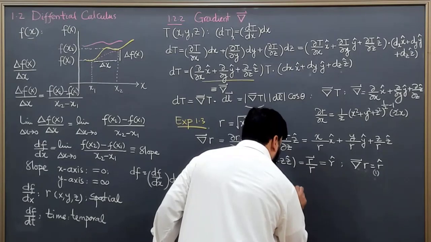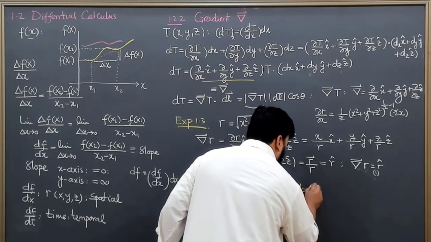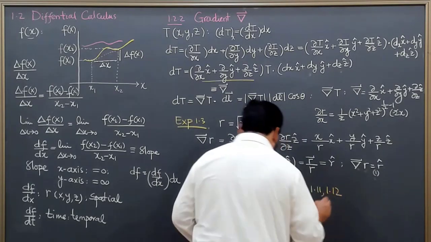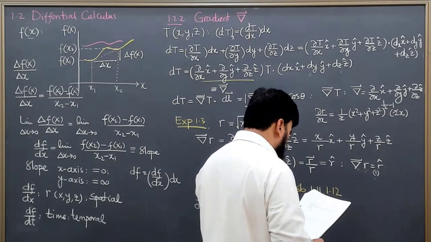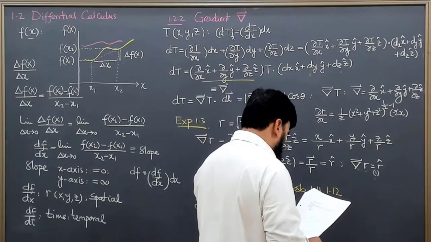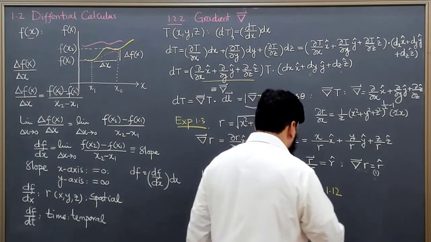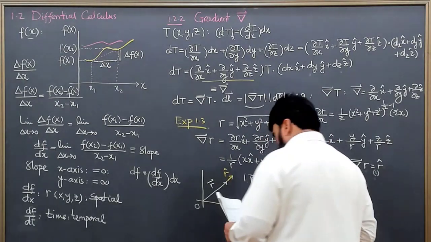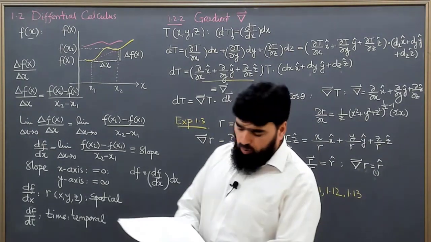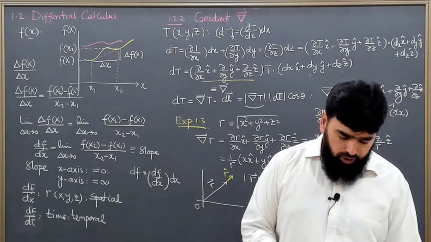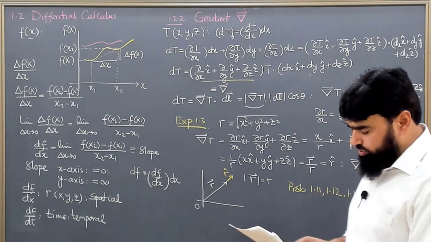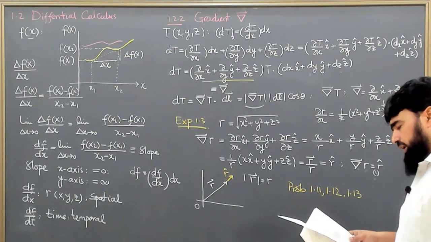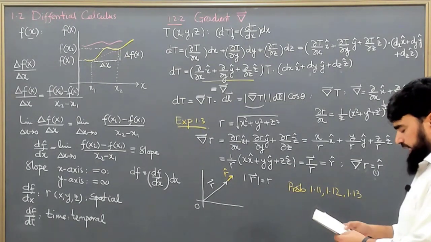Problems 1.11 and 1.12 one must solve, and if you solve 1.13 as well, then that is also good. But problem 1.12 is very interesting, in which we find so many parameters from the given equation.